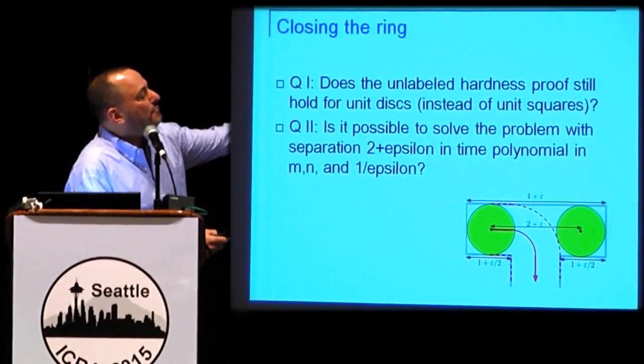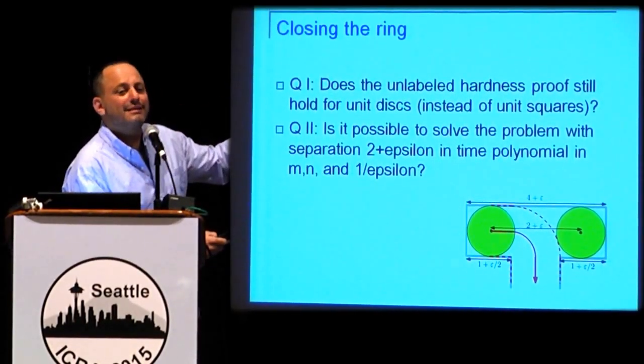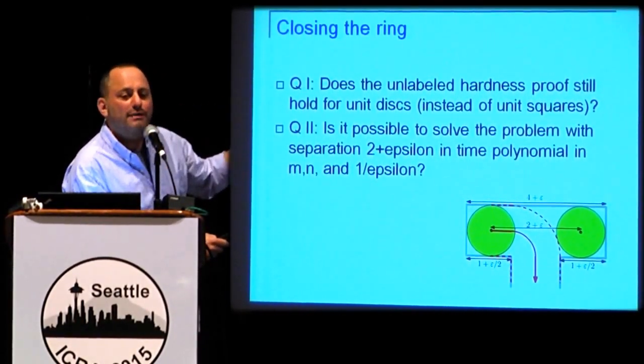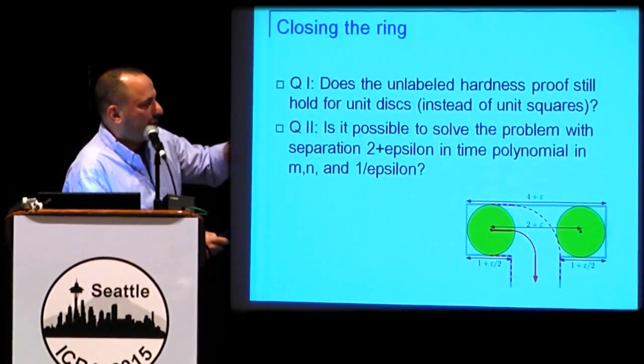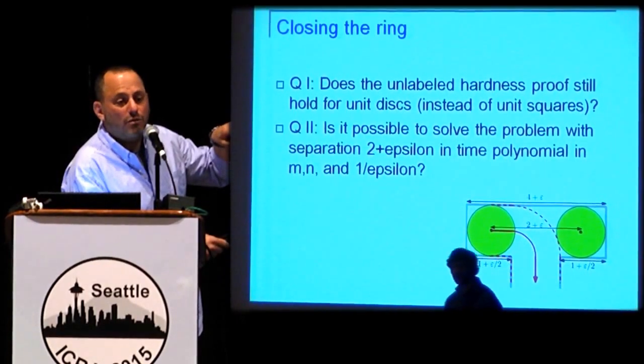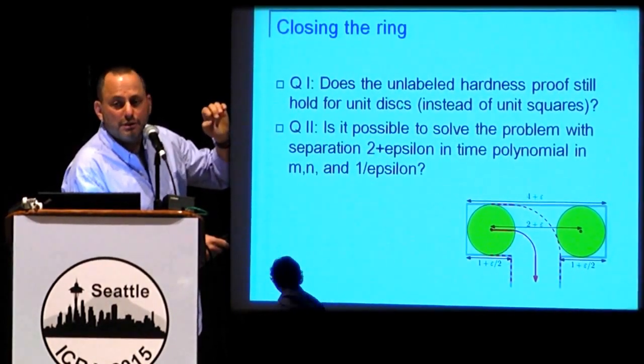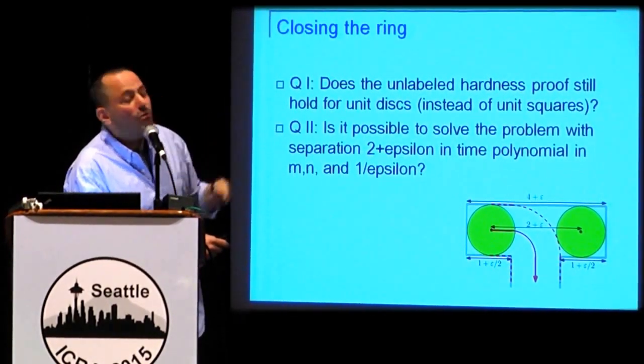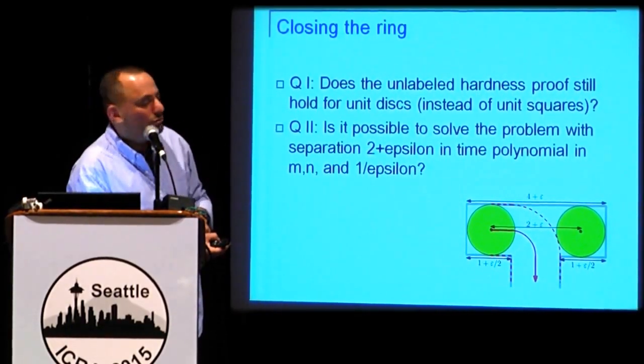And here's an example of the type of question that will interpolate between hard and easy problems. So if I keep a distance of 2 between starts and goals, this means that the robots are touching. Now I add an epsilon to these 2.